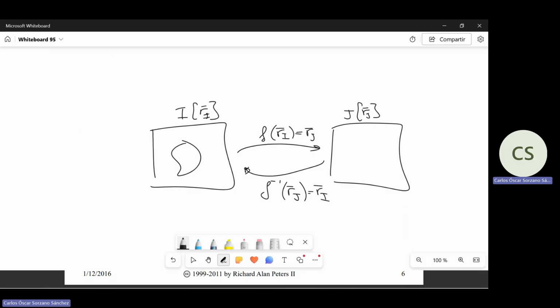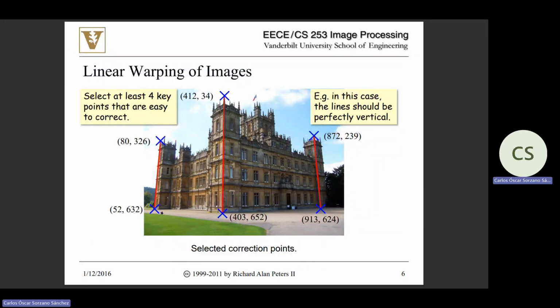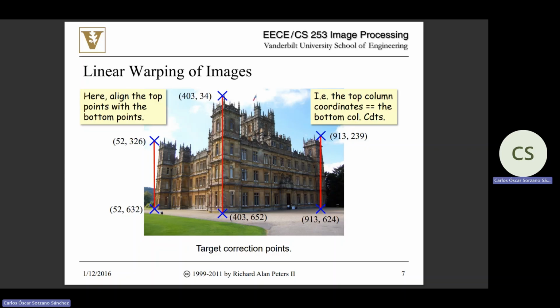So you have to give me pairs of Ri and Rj coordinates. So let's say that these are the coordinates in Ri, so in the image I, and these are the coordinates in J. We are still displaying image I, but you see that this coordinate has stayed the same, but this one, we have put it straight.